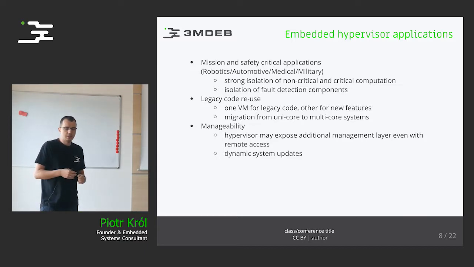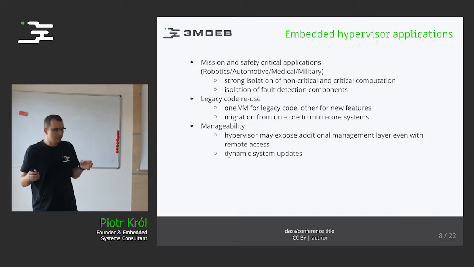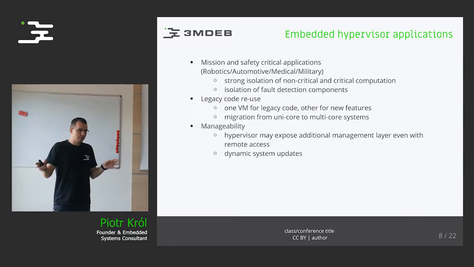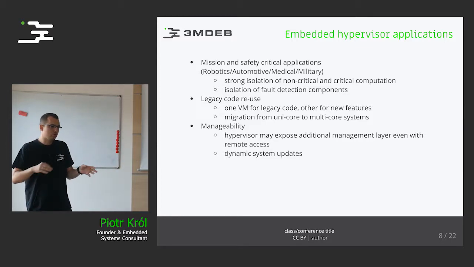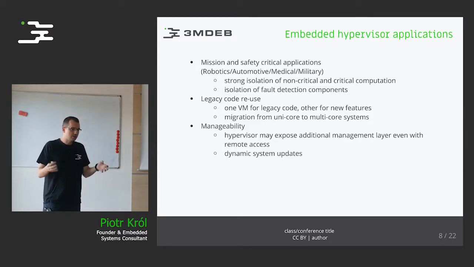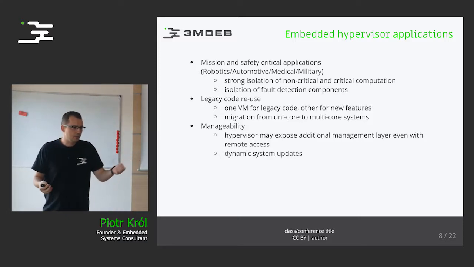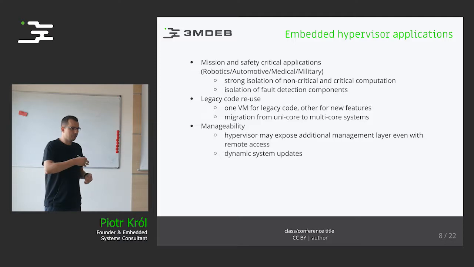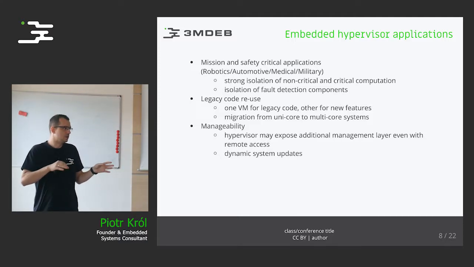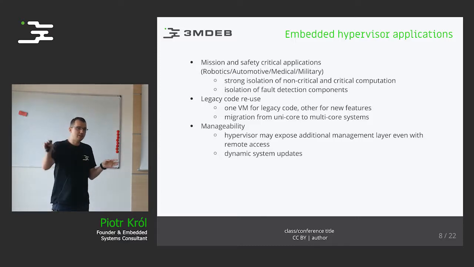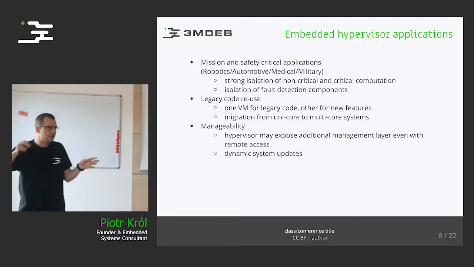An interesting use case is that, typically with fault-tolerant systems, we have a fault detection application, and we want to control the operation of the whole system. Let's say we have a robotic arm, and in one VM we do the processing of arm movement, and in another we verify that all the processing is correct, for example by reversing the computation or by testing various elements in the system.